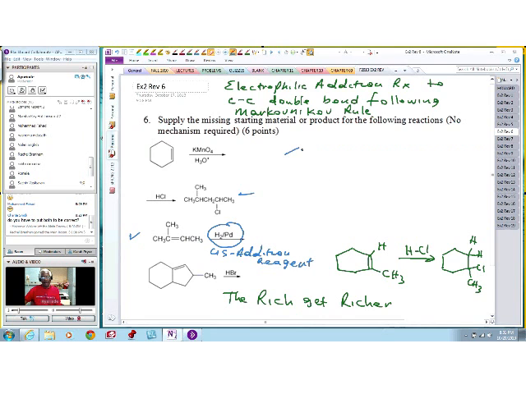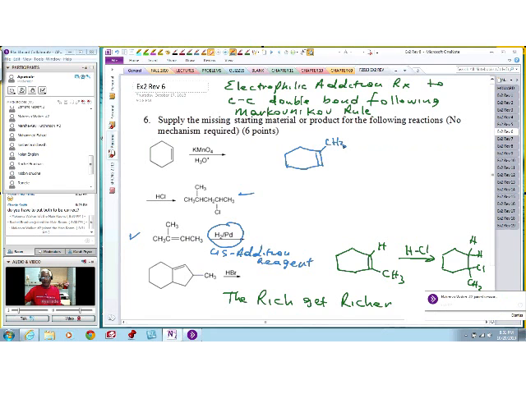For example, if I have this, and I use this reagent here, hydrogen and palladium. Sometimes instead of palladium, we may use platinum.